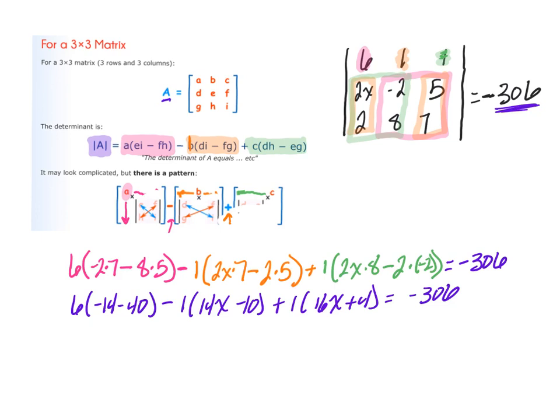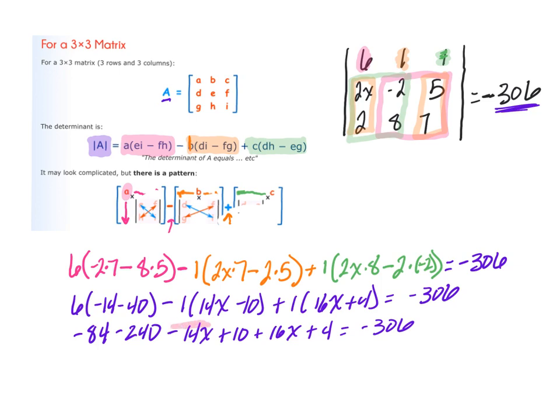We're still combining our like terms. Sorry, I've got to get out my calculator here. 6 times negative 54 is negative 324... I've got 6 times negative 14 is negative 84, and minus 240 minus 14x plus 10 plus 16x plus 4 equals negative 306. Then I combine all my like terms. I'm going to highlight my like terms here.